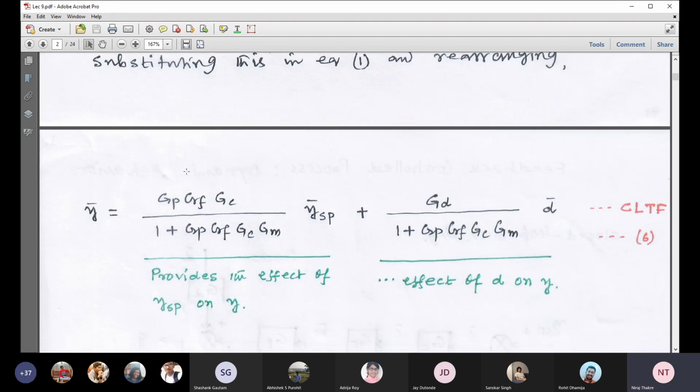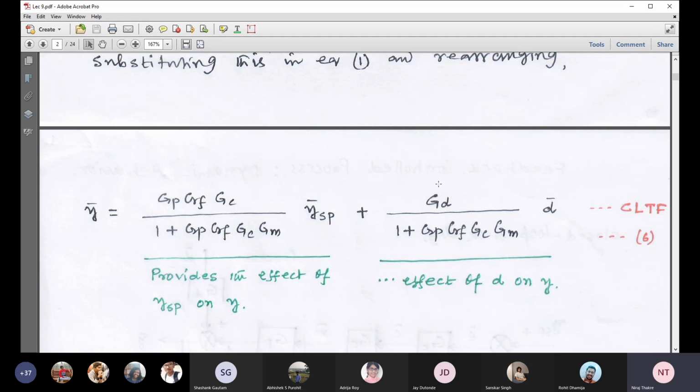Okay, so the first term which is multiplied with YSP provides the effect of YSP on Y. And the second term basically provides the effect of D on Y. What I want to say is, suppose there is a step change in set point, then what will be Y? That we can investigate based on this first term. If there is any change in disturbance, then what effect will it have on Y?